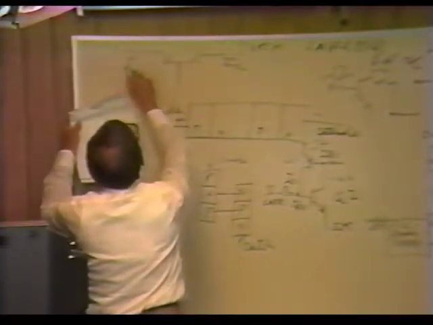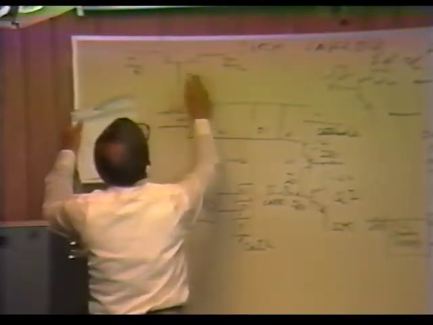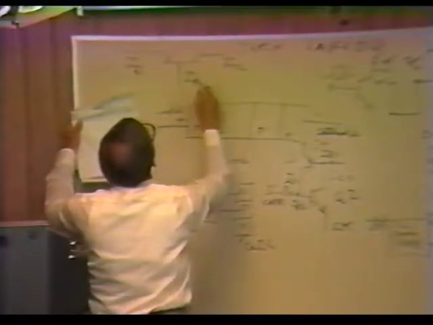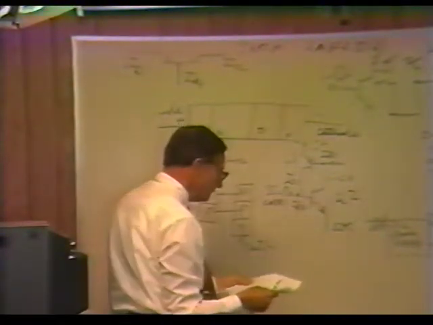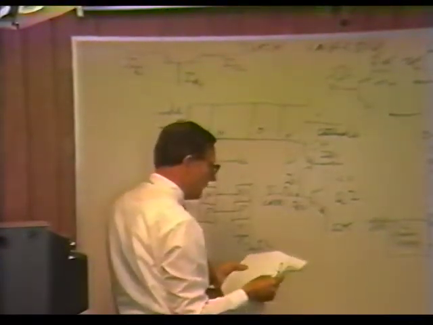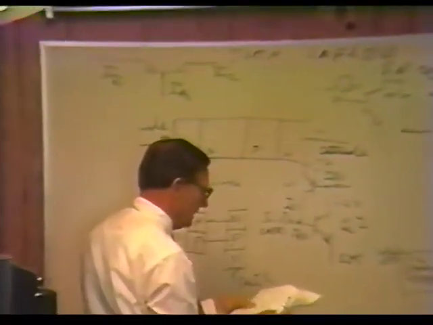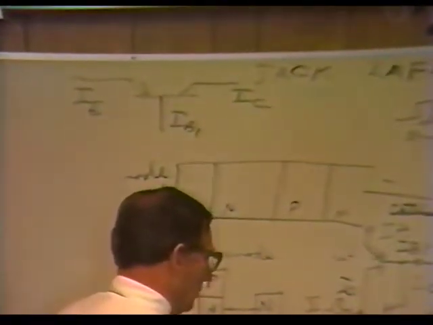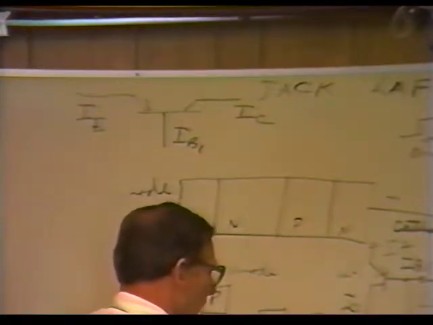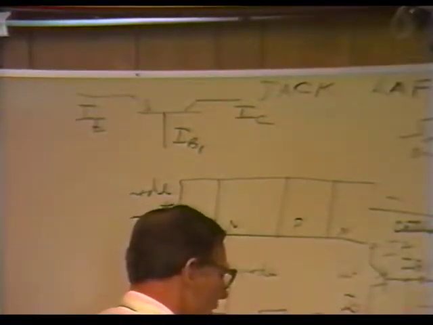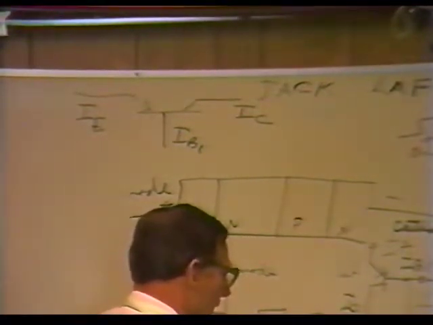Over here we have the emitter current, IE. Here we have the base current. Now, I want to show you just a couple things in the way of equations, so that I can show you how the alphas work.